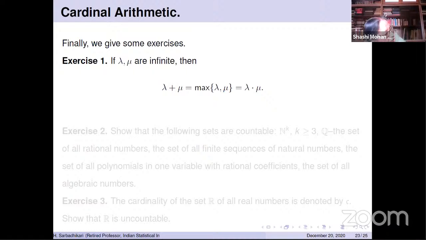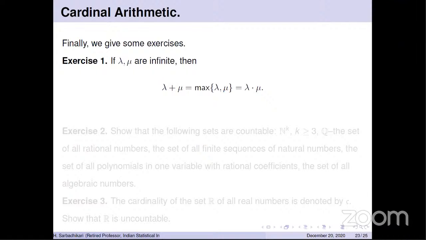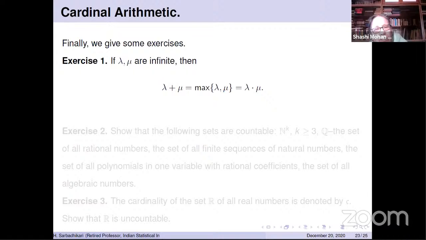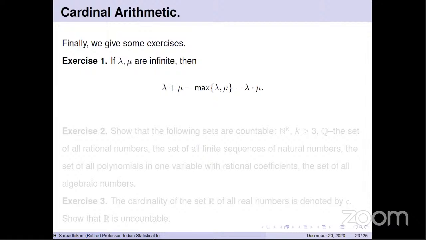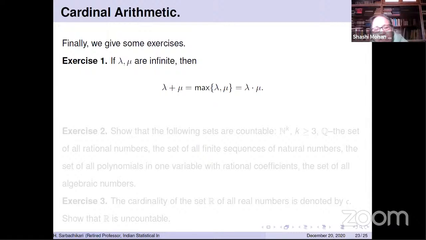For aleph 0, he gave you the set of all natural numbers. Similarly, for each lambda, he will give you a very specific set. Okay? Now, on each of these lambdas, if you think of it as a set, there are very, very interesting functions.